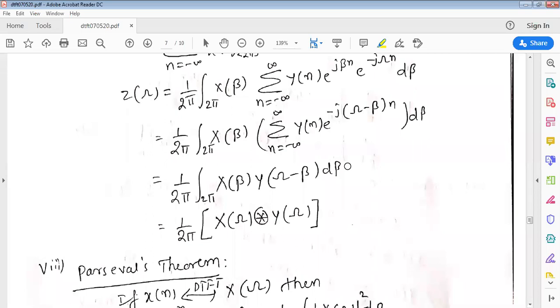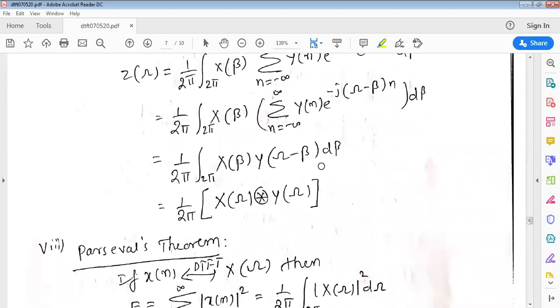Convolution of what signal with what signal? Convolution of input signals, sir. Correct, x with h, I understood. x of n with h of n you have to tell. Yes, sir, x of n with h of n. Therefore, similarly here also it is x of beta into y of omega minus beta.